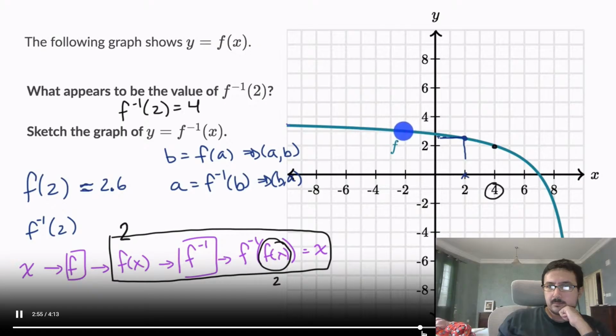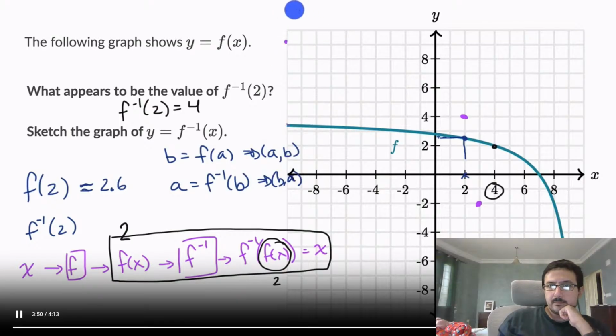Let's say this point here, roughly 2 comma 9, maybe 9.1, negative 10. Then negative 10, 9.1 would be on the inverse. Just sketch negative 10, 9.1 right over there.